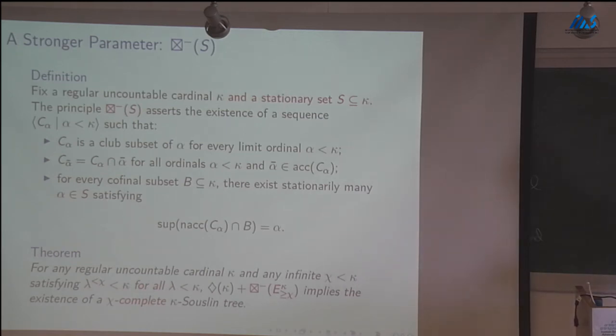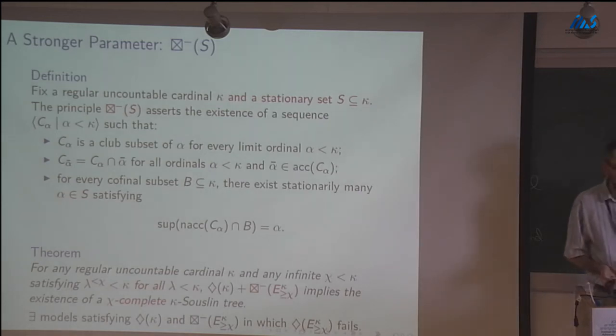One thing to notice in terms of an advantage of this approach is that we can get models or situations where we do have diamond and this strengthened box times minus, but you wouldn't have gotten a strengthened diamond. So there's already another advantage to our approach here.